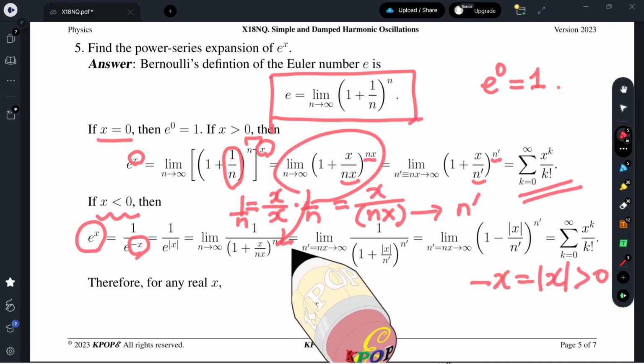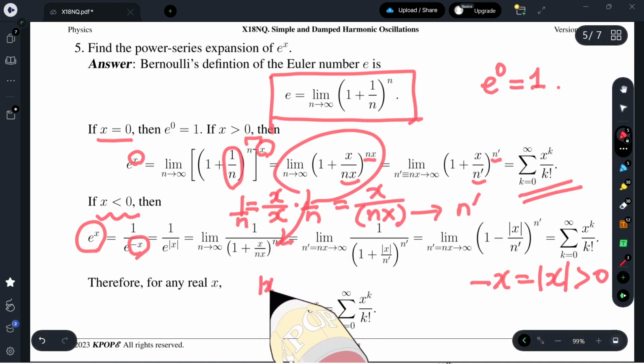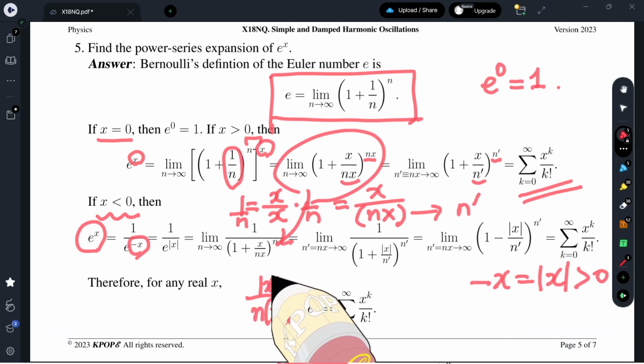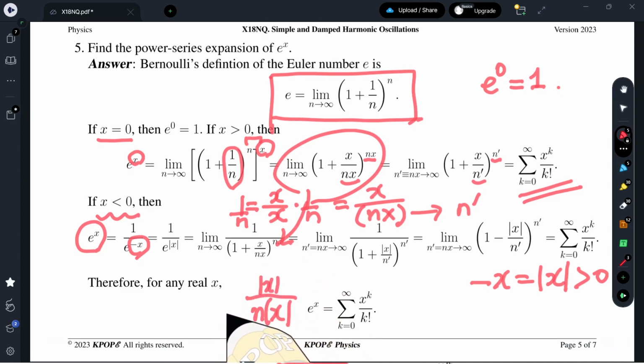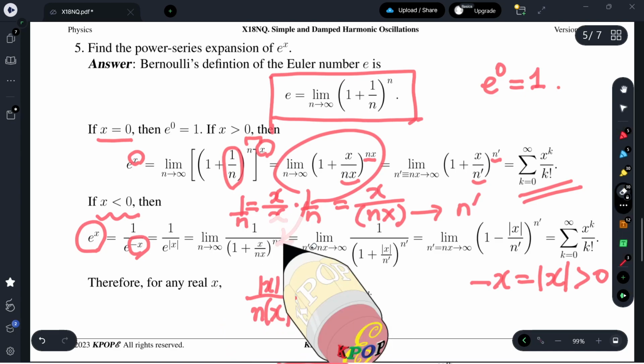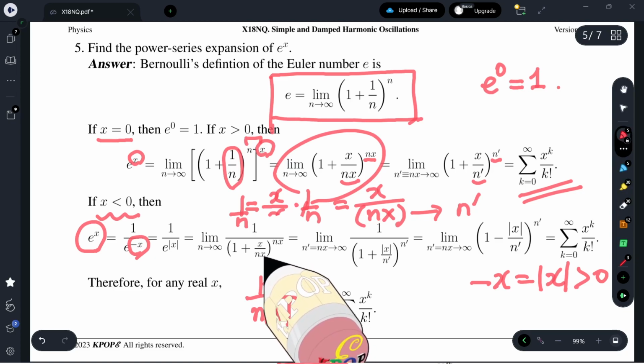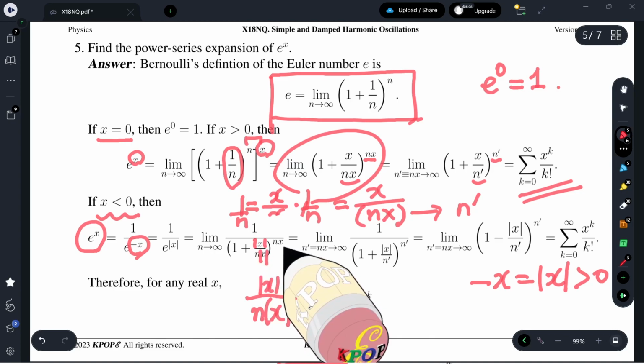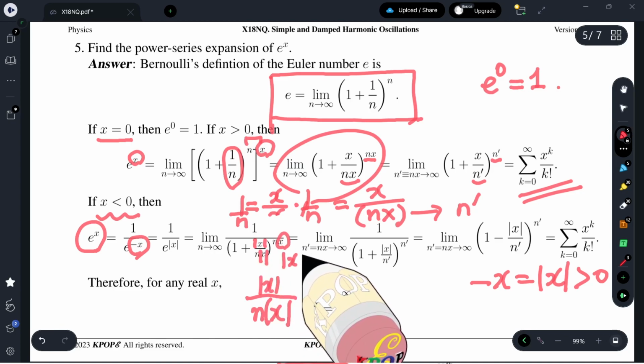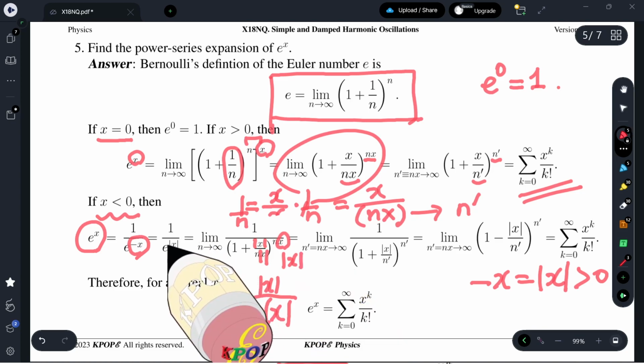Wait a second. Actually they are the same. I think this should be an absolute value, and this should be corrected as the absolute value of x, because I have this.